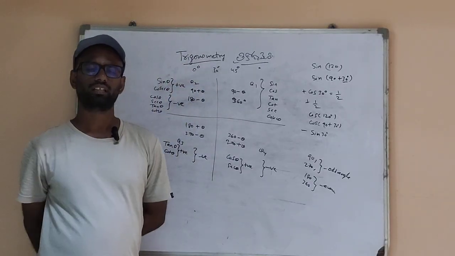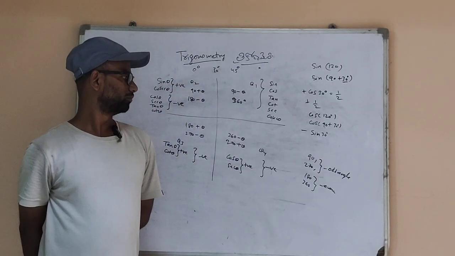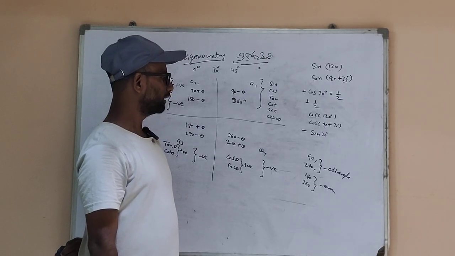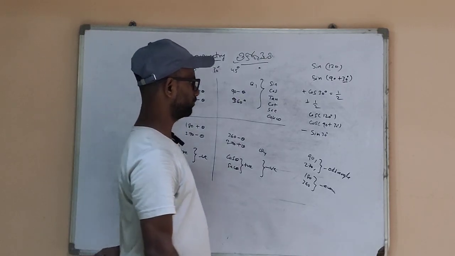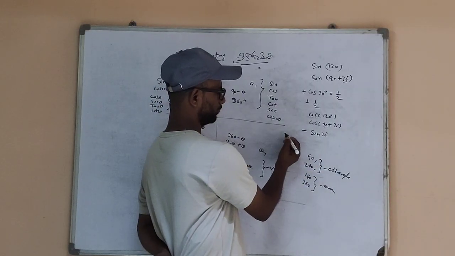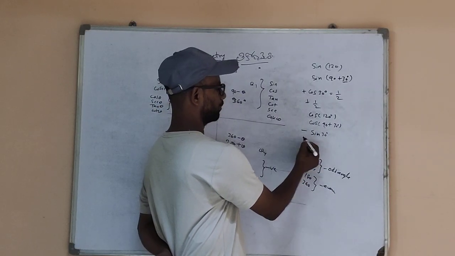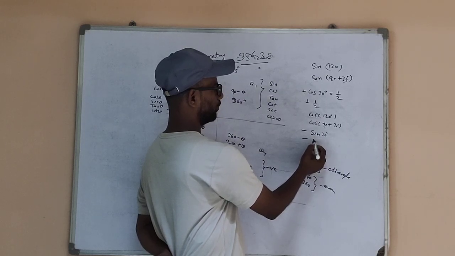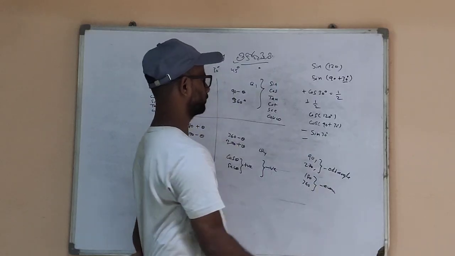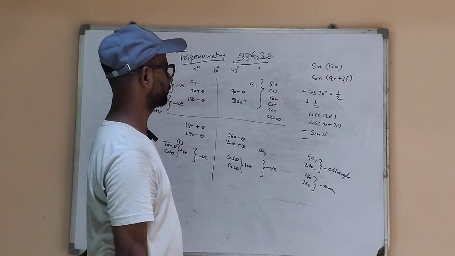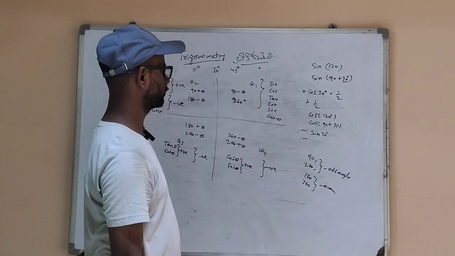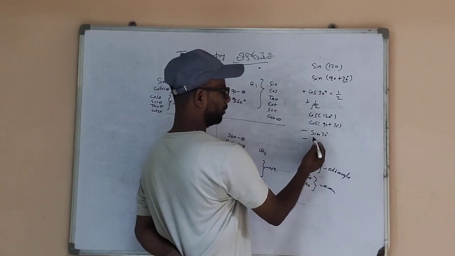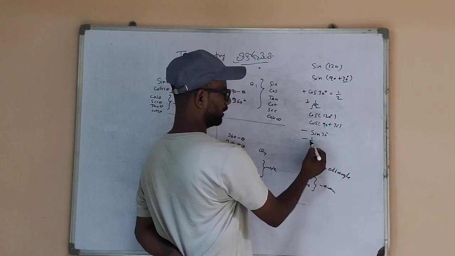So what is the value of sine 30? 1 by 2. So minus 1 by 2.